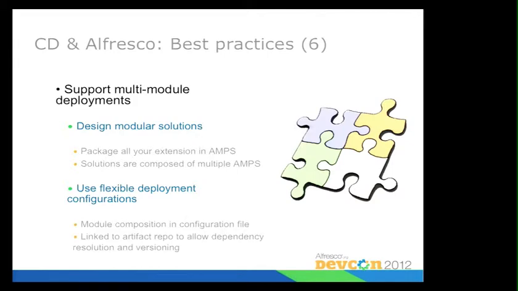And that is something that we put together in a flexible deployment configuration where we compose the modules that we have into a configuration file. It's linked to the artifact repository, so we can pull in the AMPs that we have for these modules. And it supports versioning and dependency resolution, all automatically done by Chef. So this is a very powerful way of almost clicking and pointing your solution together based on the components you already have.